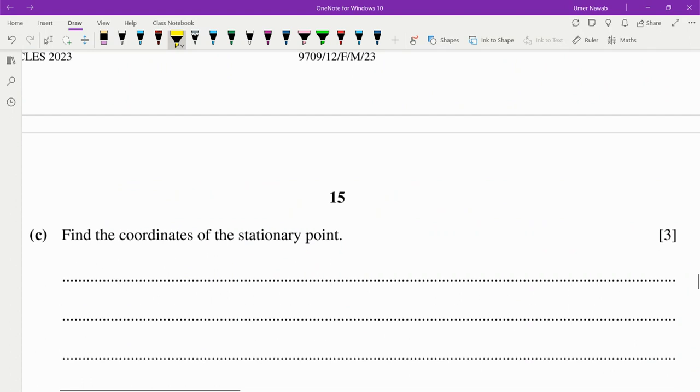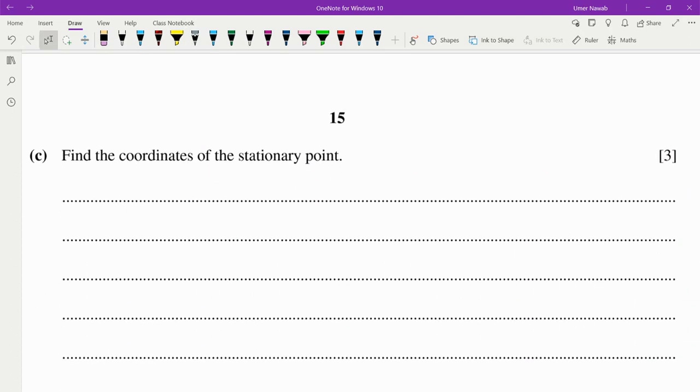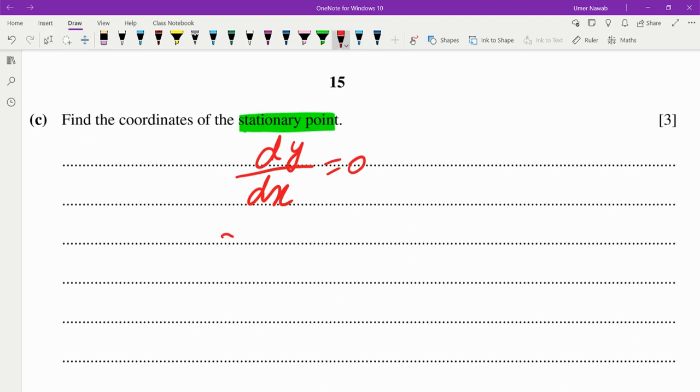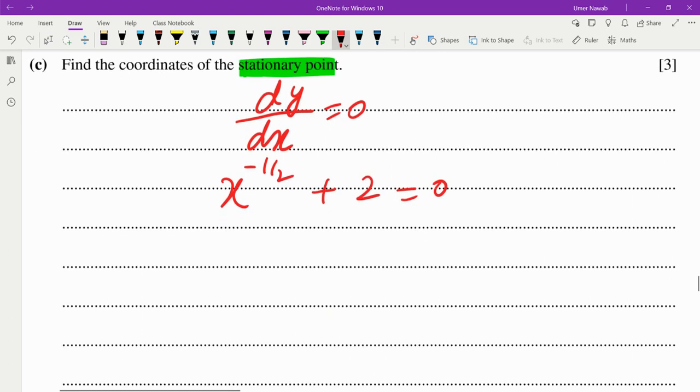Now we go to part C. Find the coordinates of a stationary point. Whenever you see a stationary point in the exam, you have to put dy by dx equal to 0. So when I put dy by dx equal to 0, I will get an equation: x raised to minus 1 over 2 plus 2 is equal to 0. Simplify it.